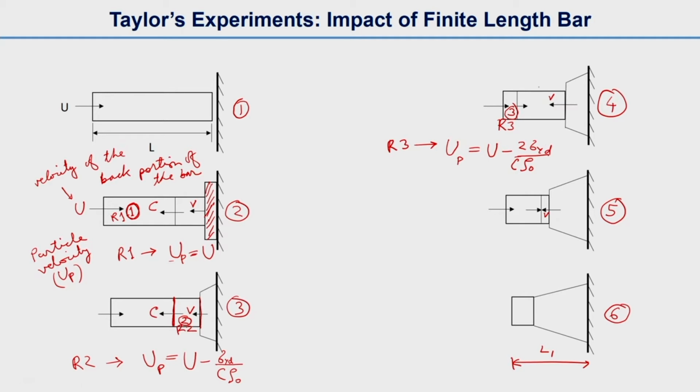What happens from sequence 3 to sequence 4 is that the wave travels and comes back from the free surface. Let me draw it in a bigger way.